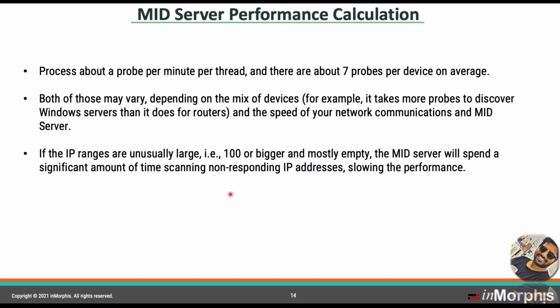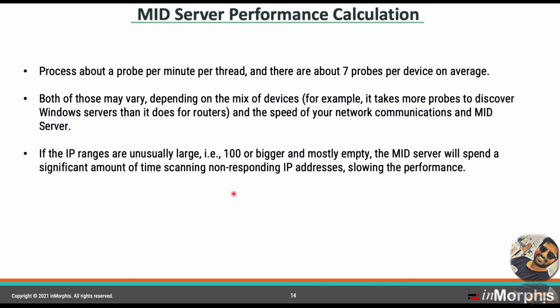Let's say my IP range is usually large, 100 or more than that. Then your MID Server will spend a lot of time scanning non-responding IP addresses. Because the number of probes for scanning is higher, you are slowing down the performance. There are other aspects as well to improve this.